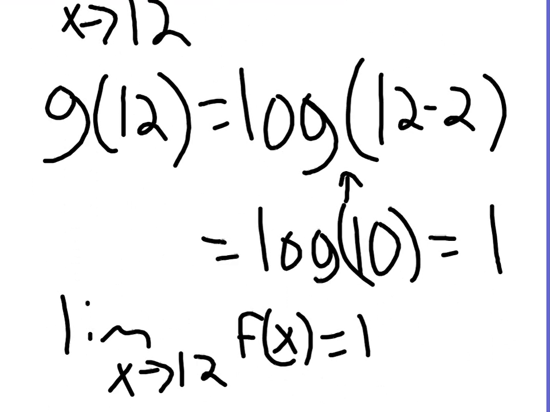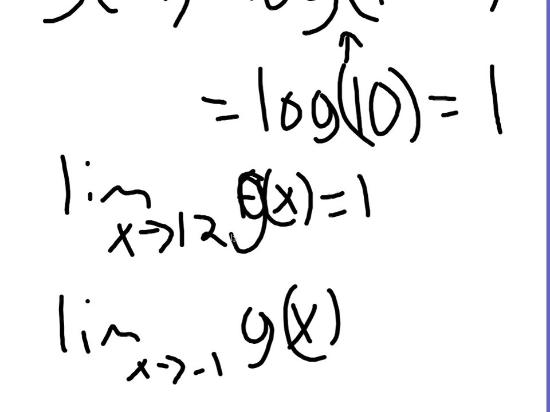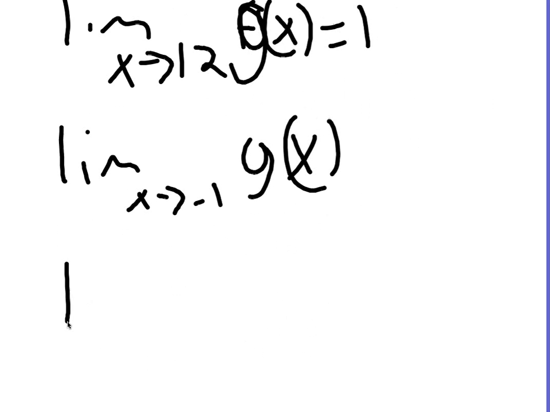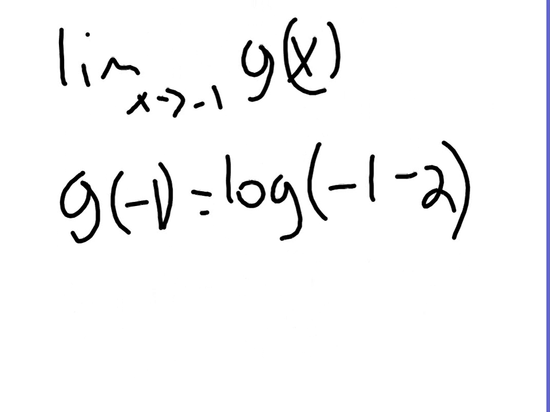Now, had we tried to find, using the same function, the limit as x approaches negative 1 of g of x, let's rewrite that to be clear. If we try to figure out g of negative 1, it's going to be equal to log of negative 1 minus 2, which gives us log of negative 3.